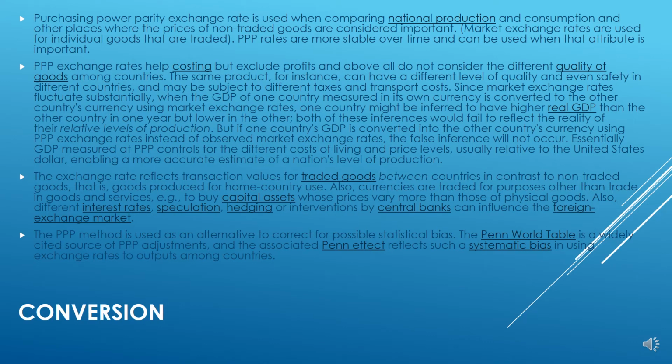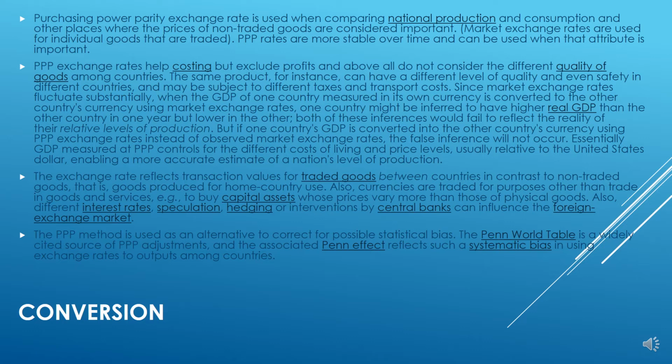Then how do we do this conversion? The purchasing power parity exchange rate is used when comparing national production and consumption and other places where the prices of non-traded goods are considered important. Market exchange rates are used for individual goods that are traded.